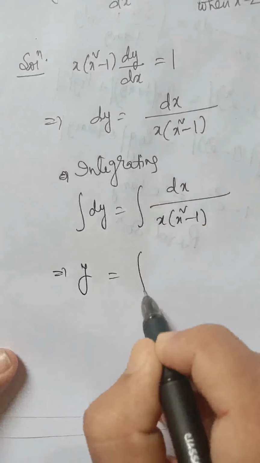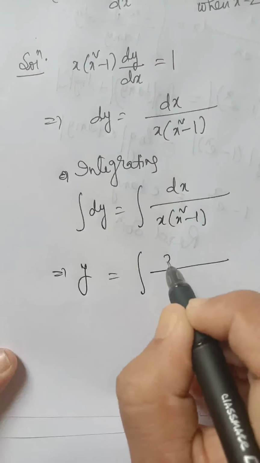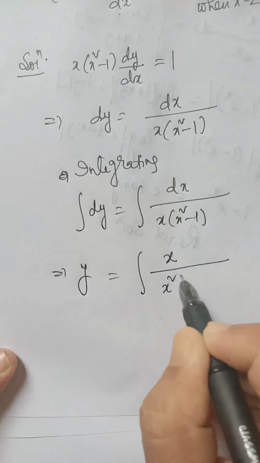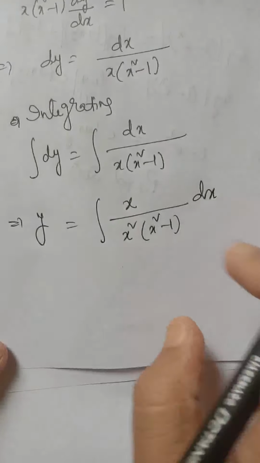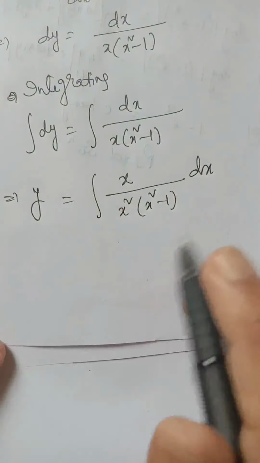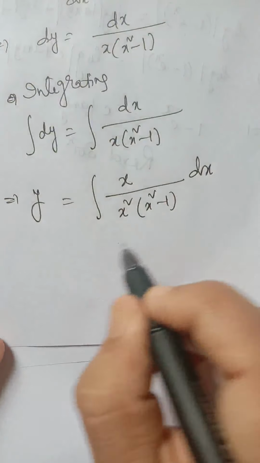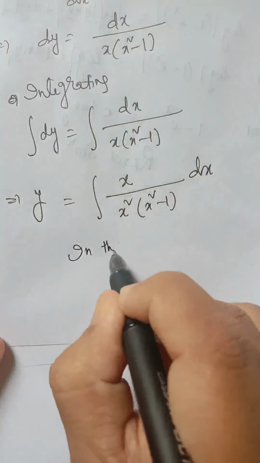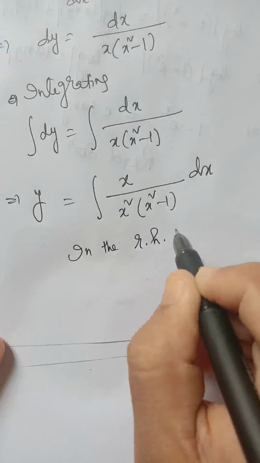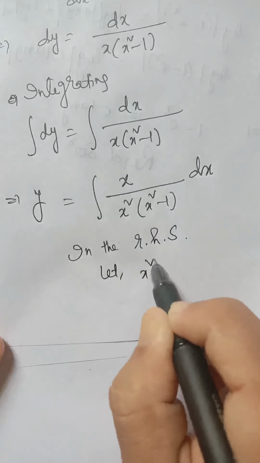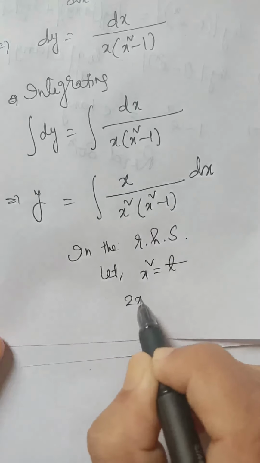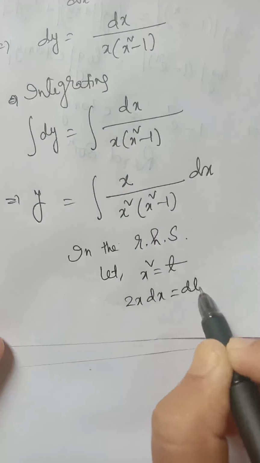Now to integrate this, we will multiply numerator and denominator by x. Now in the right hand side, we will put x square equal to t. This will become 2x dx is equal to dt.